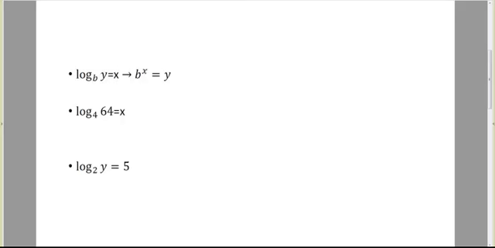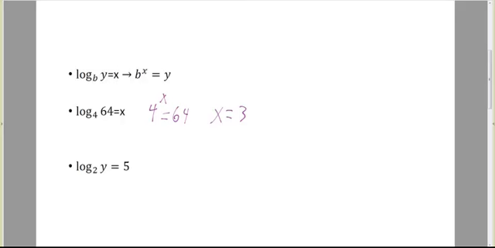So we look at log base 4 of 64 equals something, and what this says is 4 to the power of something equals 64. And so x would equal 3 because 4 cubed is 64. I know that kind of off the top of my head, and if I didn't, I would start dividing by 4 and see what I could get.